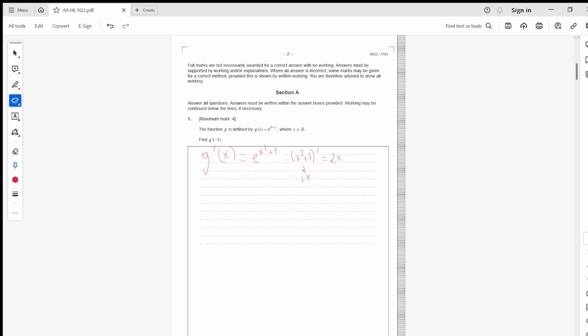So it equals 2x times e to the power x squared plus 1. And now we can just plug in -1, and we will get -2e.